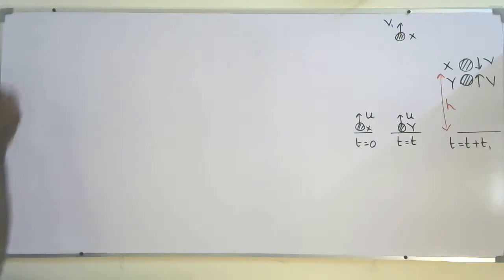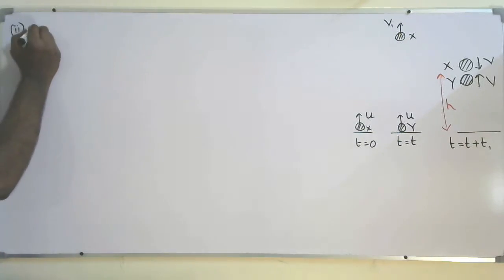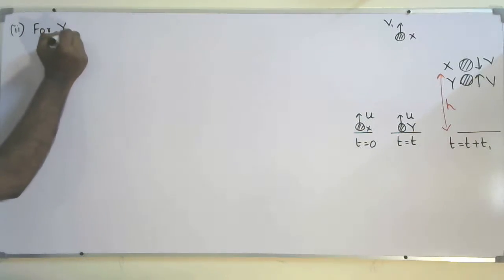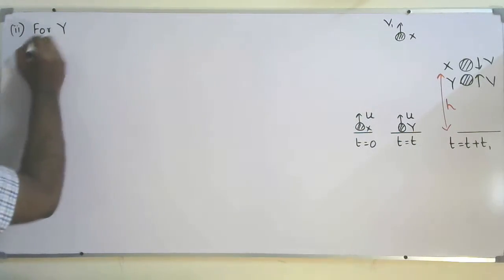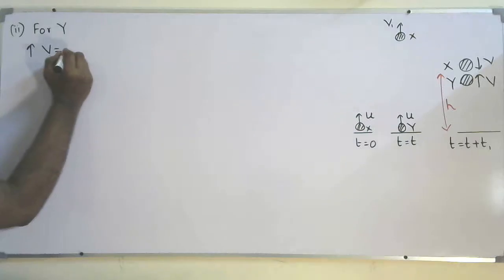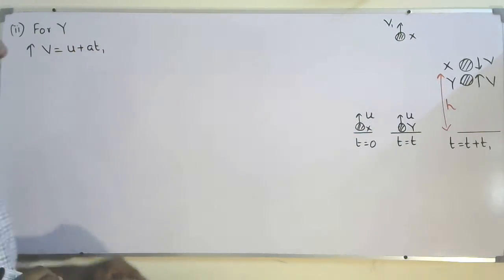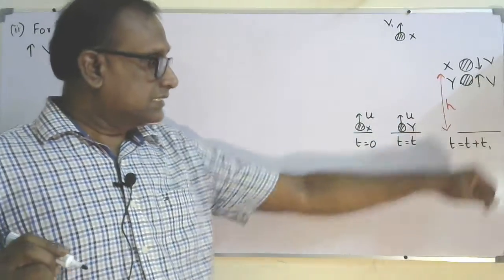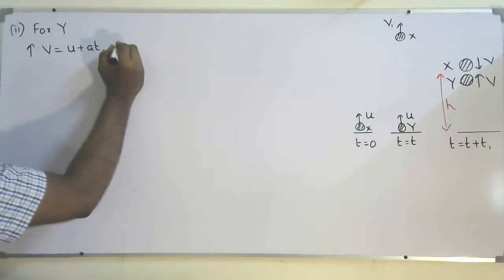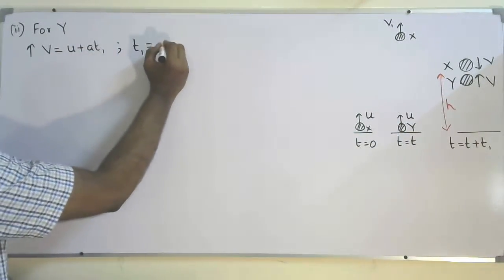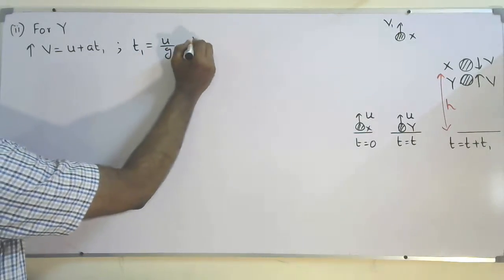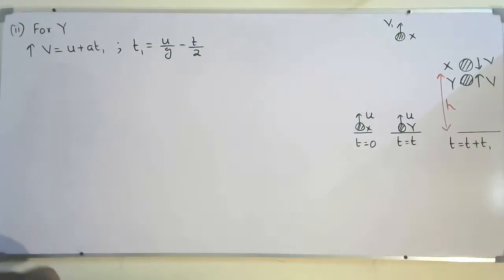So for the second part, I'll do it for y, using upwards, v equal u plus at. The time taken by ball y to hit x is t1, and we have the equation for t1, that is u over g minus t by 2. We derived it in the previous part.